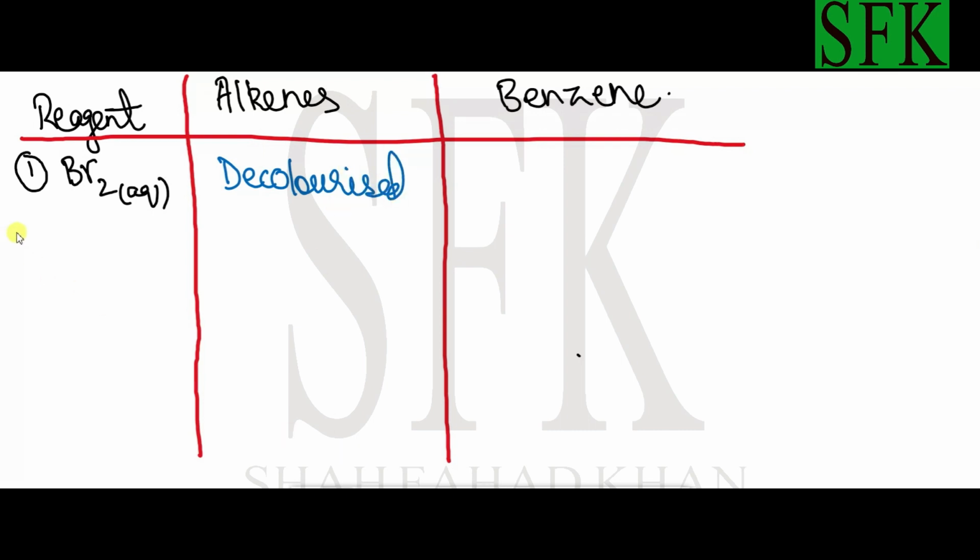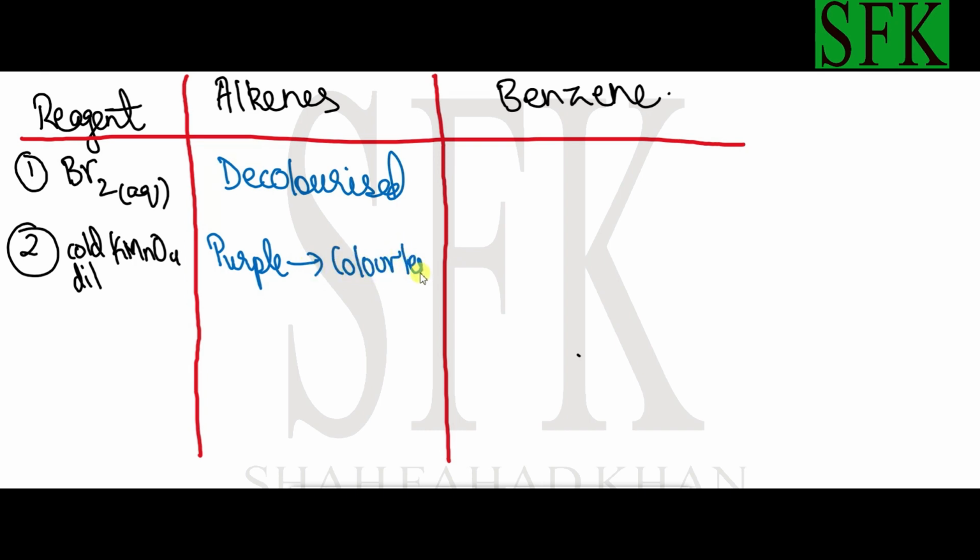Okay, the second test that we can perform on alkenes is using cold dilute KMnO4, cold and dilute potassium manganate(VII). What happens with alkenes is that this cold KMnO4, which is initially purple in color, changes color from purple to colorless with alkenes.